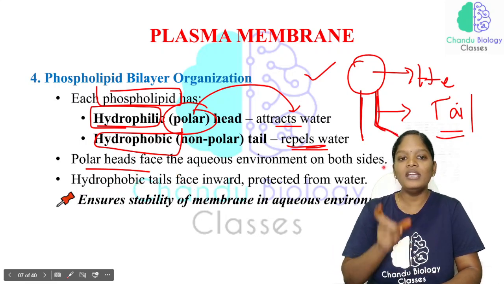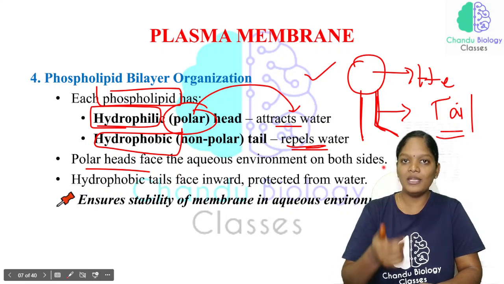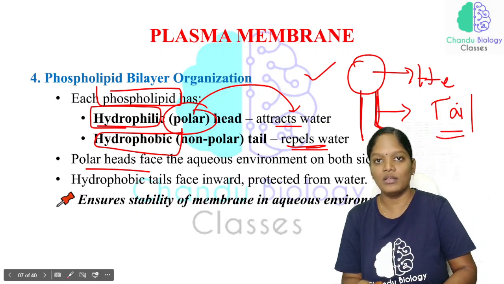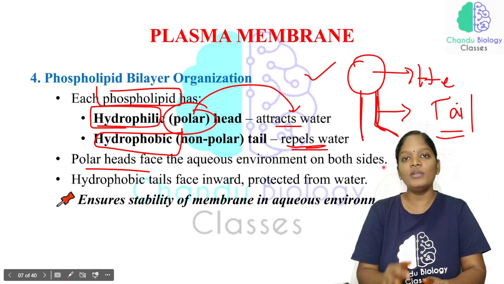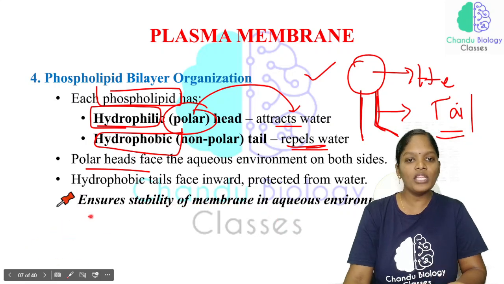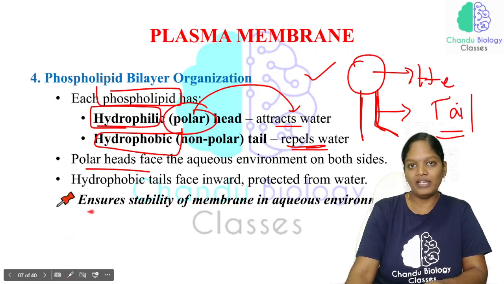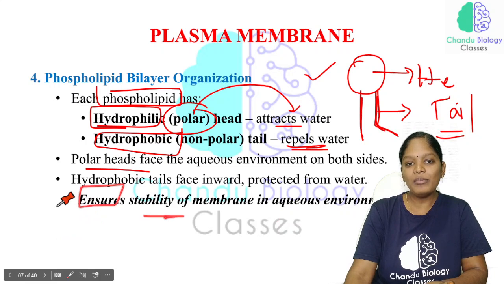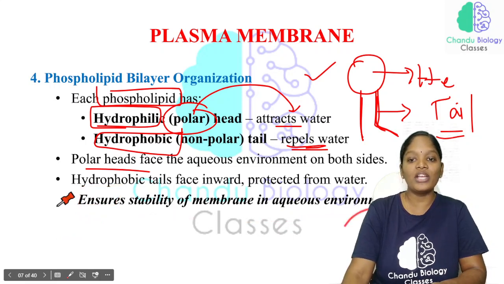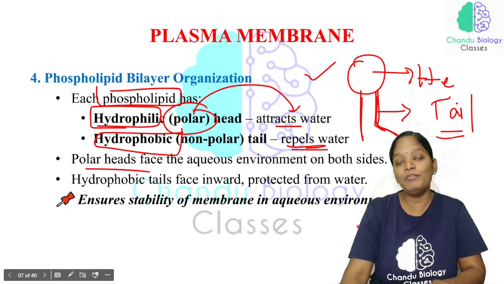You should know that hydrophobic tails face inwards, and the hydrophilic heads face outwards, toward the aqueous environment on both sides. An important point is that this lipid bilayer ensures the stability of the membrane in the aqueous environment. So this is an important fact: why it has to be a lipid bilayer.